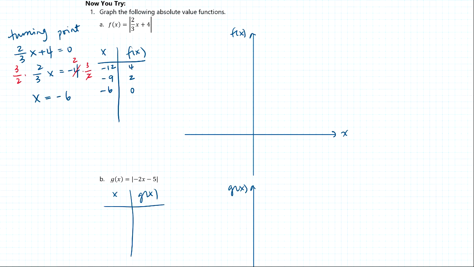When I'm completing the table, I'm doing a decent amount of hand waving or a lot of mental math here, but if you need a little bit extra step, definitely use the space to write out the steps so everything makes sense to you, for your own notes later on. As we plug in -3, we should have -2 plus 4, which is +2.